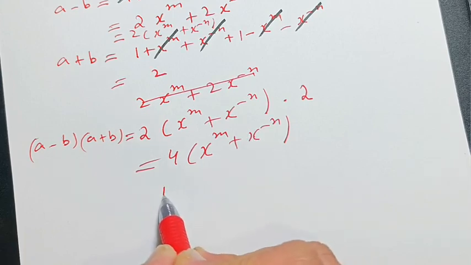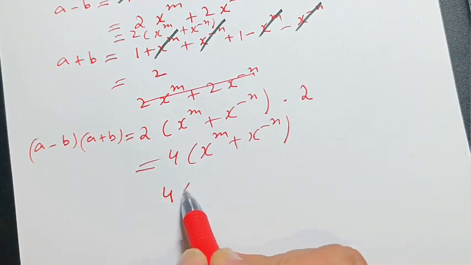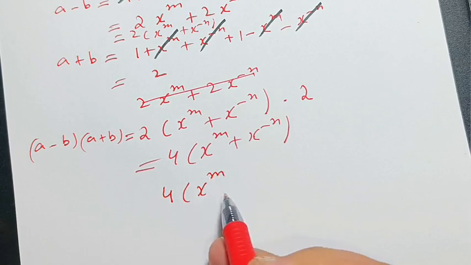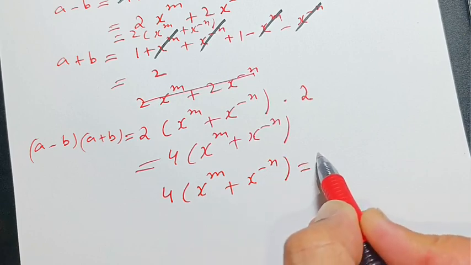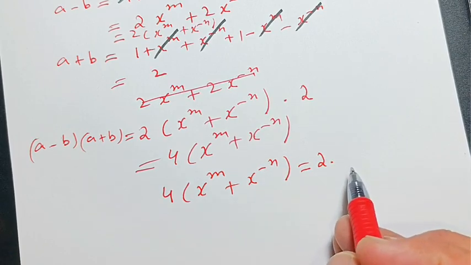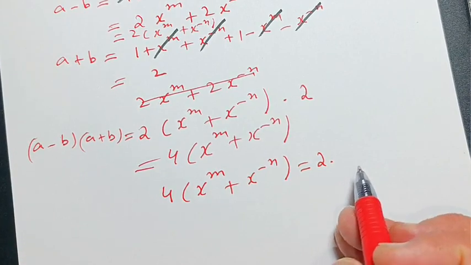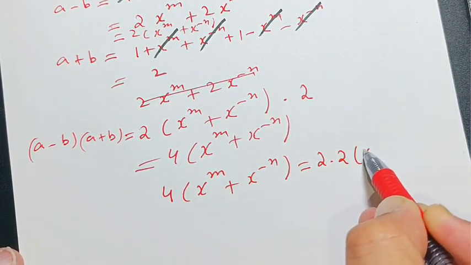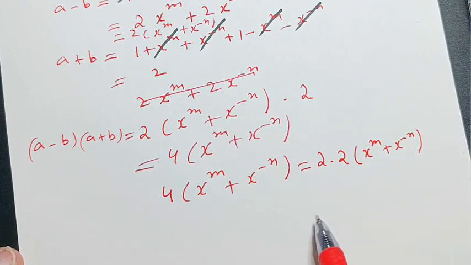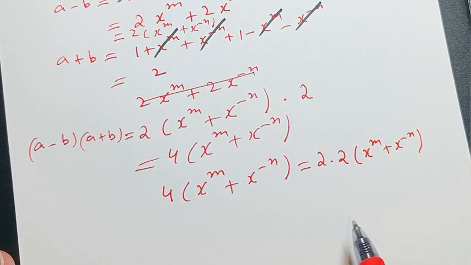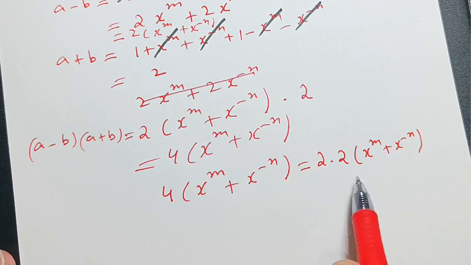The expression simplifies to 4 multiplied by (x power m plus x power negative n). You can also read it like this: 4 times (x power m plus x power negative n) multiplied by 2, same thing. So it is clearly divisible by 2 for all real values of m and n.